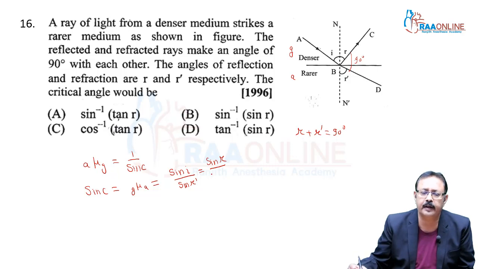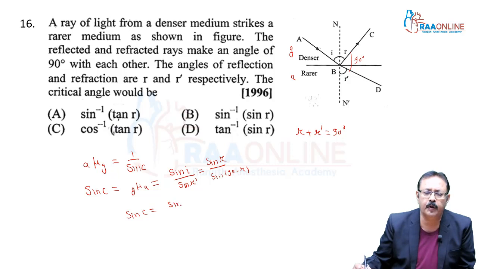So for r dash we can write sin 90 minus r. So sin C is equal to sin r upon sin 90 minus r, which means cos r, that is tan r. So C should be sin inverse tan r.